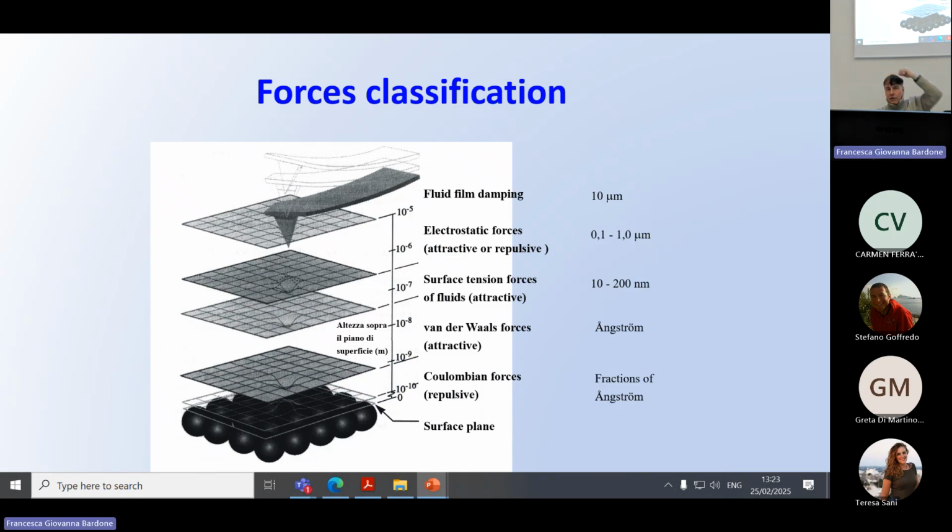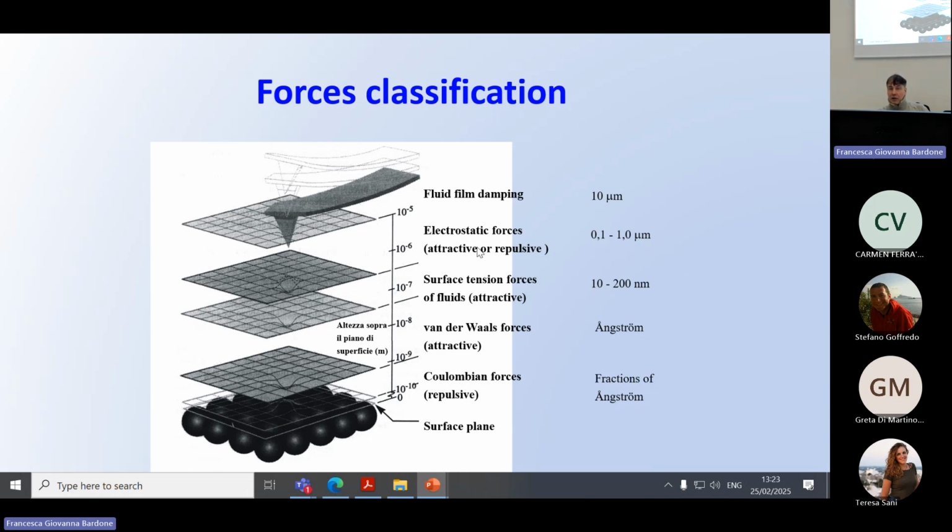As a function of the distance between your tip and your material, you can have different types of force. If you are quite far, you can measure fluid film damping, if there's a film, a water film, or whatever fluid, which can dampen the oscillation of your cantilever.